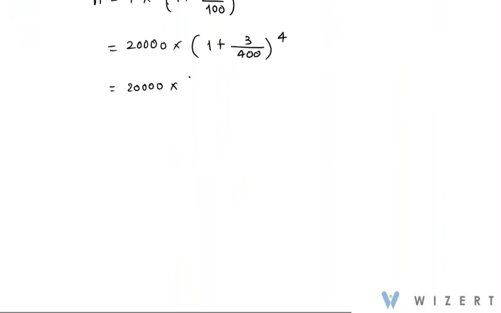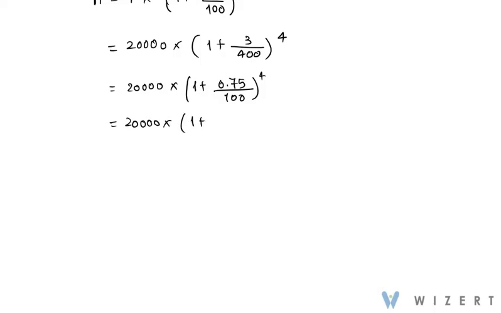20,000 multiplied by 1 plus 0.75 divided by 100 to the power 4. So that is equal to 20,000 multiplied by 1 plus 0.0075 whole to the power 4.